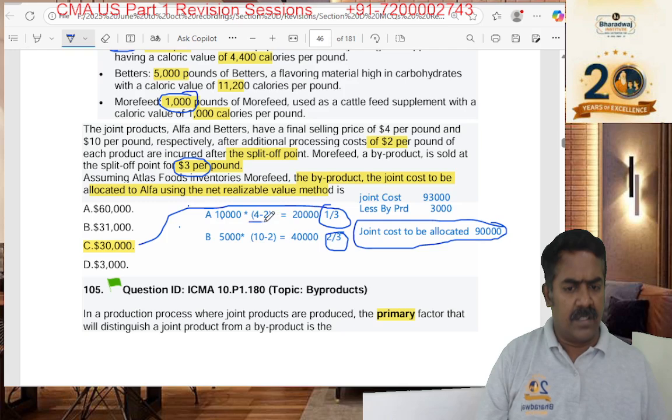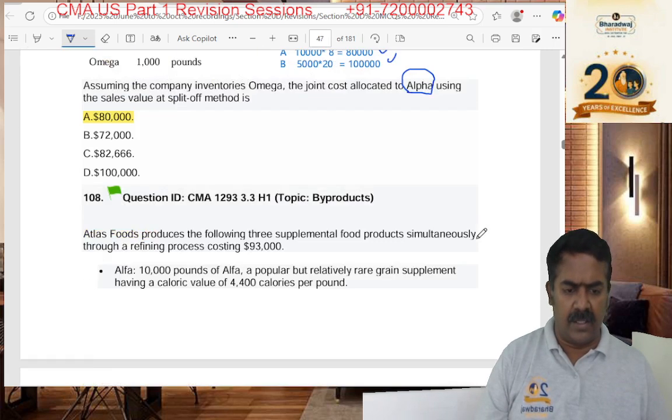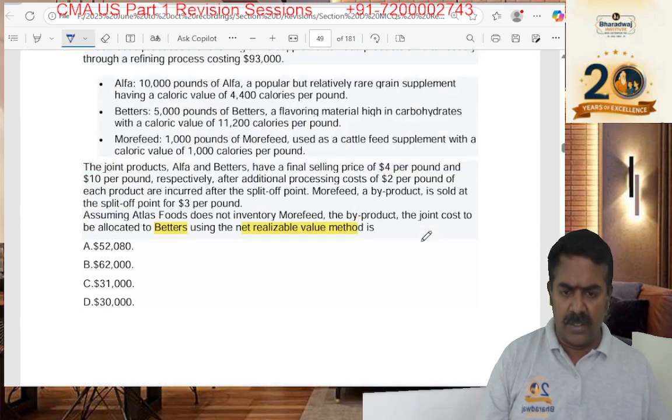NRV is selling price minus separate expenses. 20,000 and 40,000, we already did in the earlier question for alpha. Now they ask for beta. Beta is 2/3 of the value, right? 40,000 divided by 60,000 into 90,000.